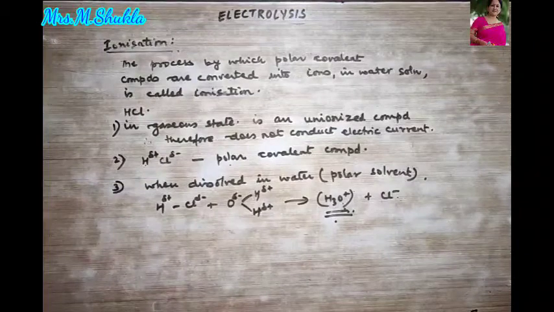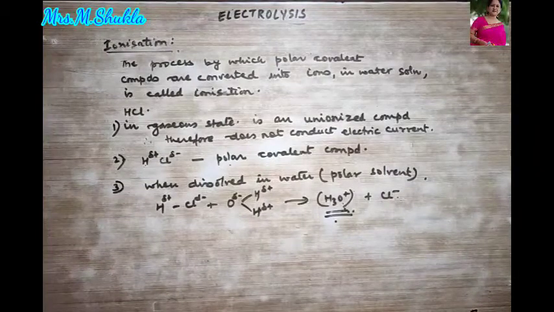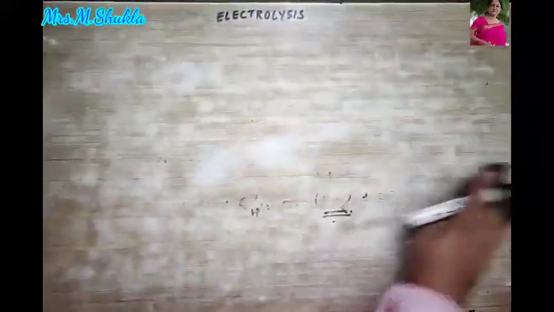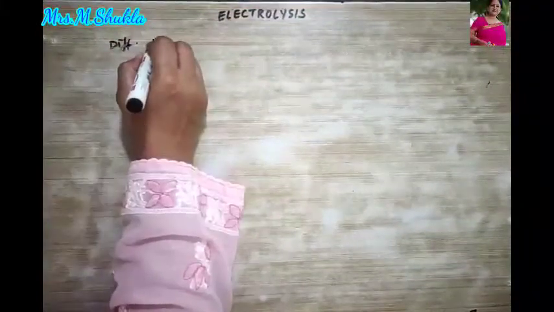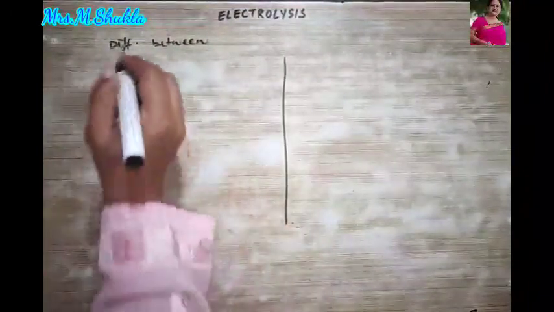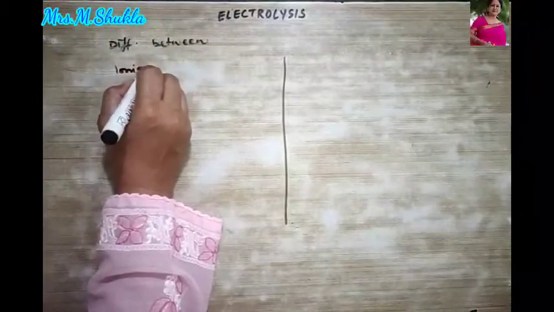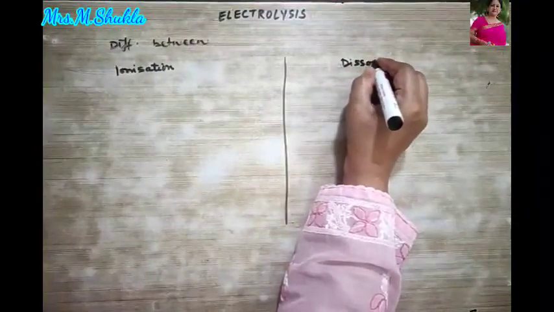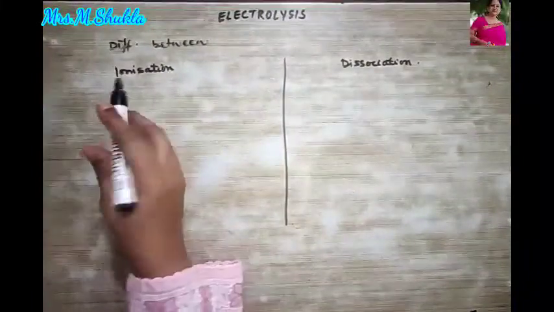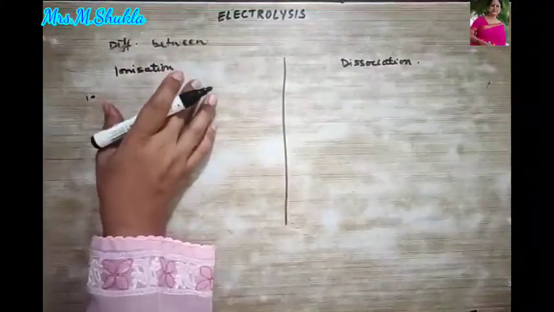Now let us understand the difference between ionization and dissociation. It is very simple but very important also. So whatever we have studied, this is just the summary of it. So what is ionization?